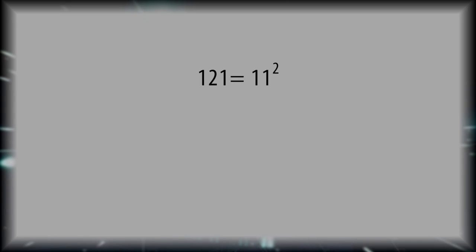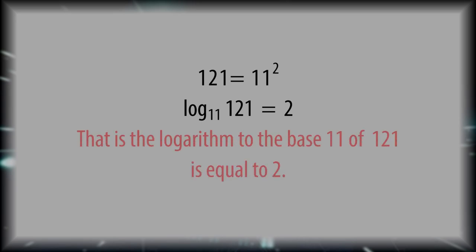Once again, we have 121 is equal to 11 raised to the power 2. In log form, we write log. Our base is 11, so the 11 will be written very small. The number is 121, and the answer should be the exponent, which is 2. So log base 11 of 121 is equal to 2.